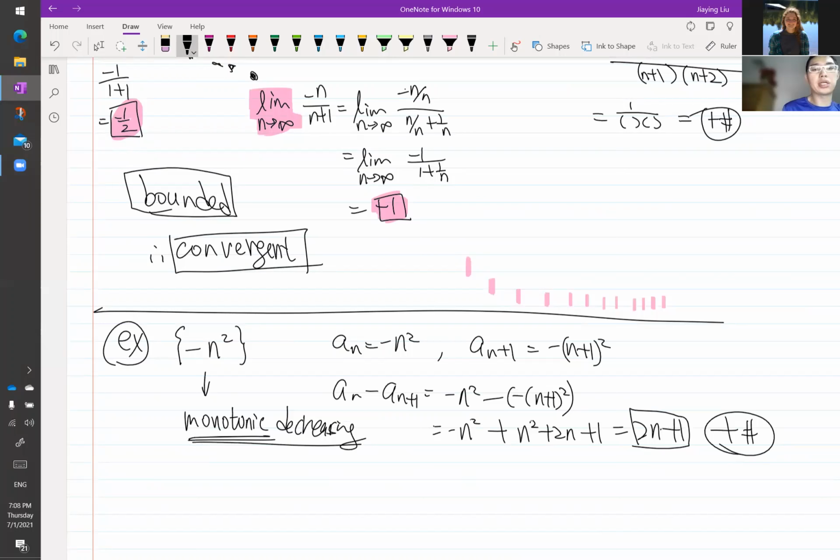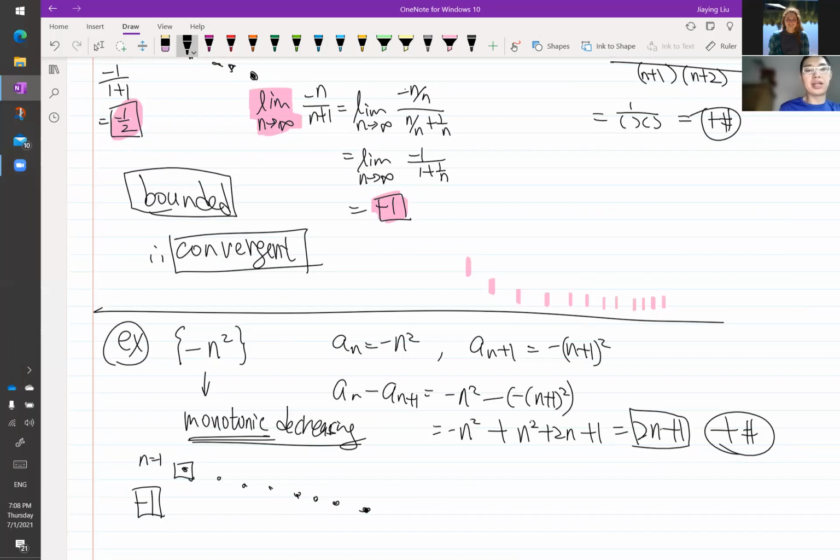So this sequence is monotonic decreasing. It decreases all the time. But is this bounded? Well, if it decreases, the first value is given by n equals 1, just like the previous example. If we put 1 there, we get negative 1 squared, negative 1. So this is the upper bound, the biggest value.